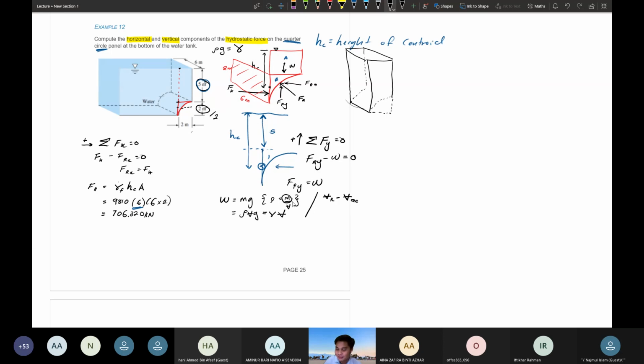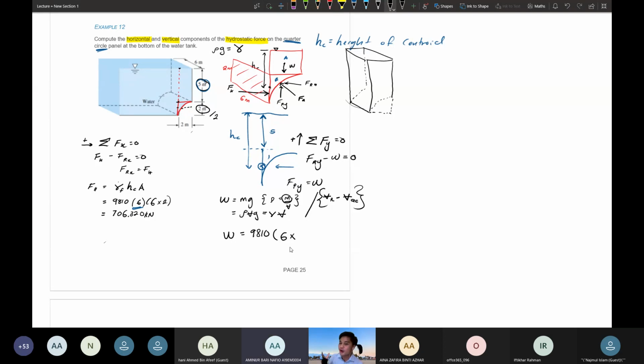So please help me how to find the V of R. So I continue here with equal to gamma, which is 9810, multiply with the volume of subtraction. So how to get this volume of rectangular? 6 into 5 into 2. Are you sure?